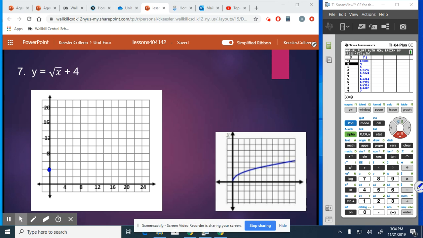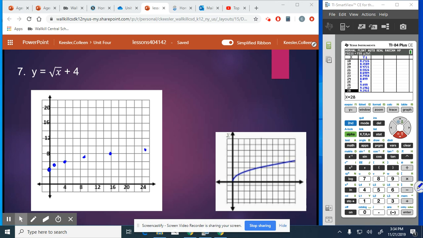Then we have 1, 5. Then 4, 6. 9, 7. 16, 8. And 25, 9.